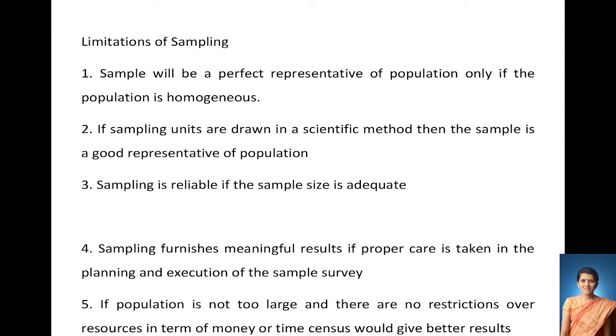Fourth, sampling furnishes meaningful results if proper care is taken in the planning and execution of the sample survey. Last, if the population is not too large and there are no restrictions on resources in terms of money or time, a census would give better results.